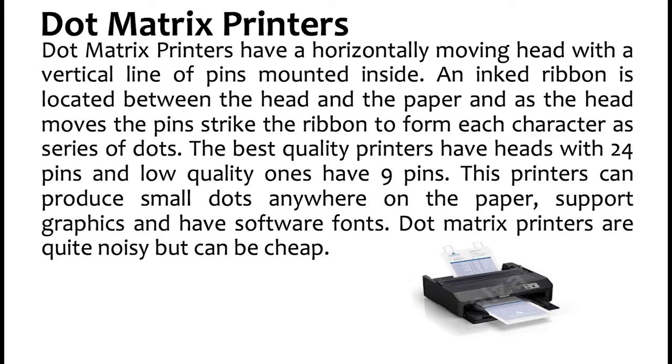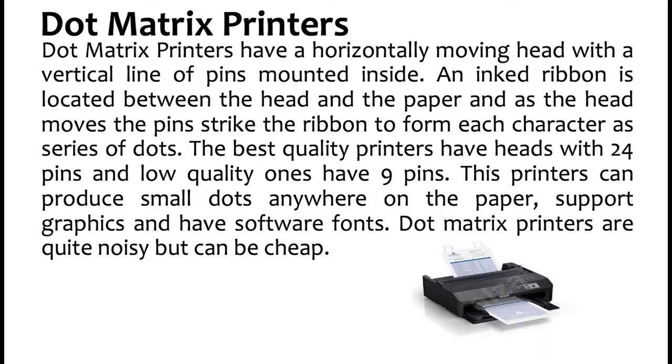The dot matrix printer has a horizontal moving head with a vertical line of pins mounted inside. An inked ribbon is located between the head and the paper, and as the head moves, pins strike the ribbon to form each character as a series of dots.